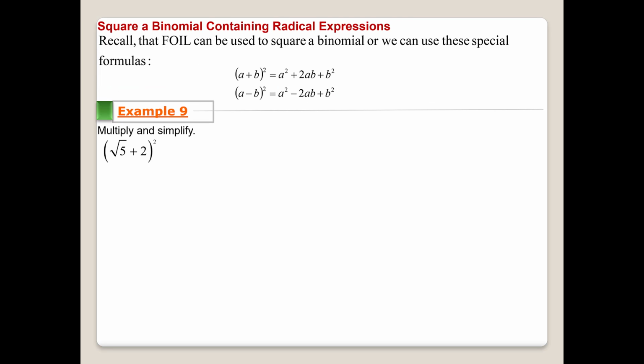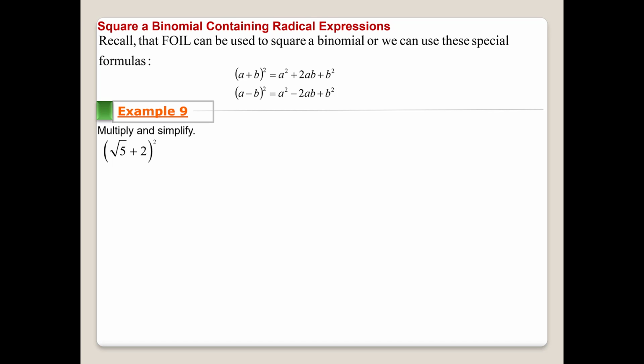Alright, so let's do this one. We can use FOIL, right, to square a binomial, or we can use these special formulas. So you can do this if you have a problem like this, the square root of 5 plus 2, and all that is squared. Since we have the plus, we use the top formula there.